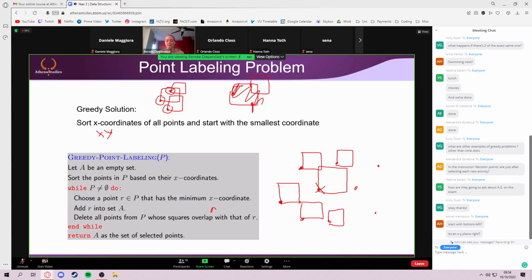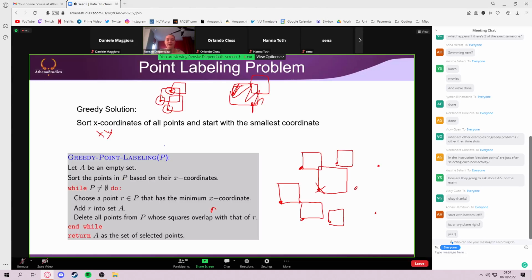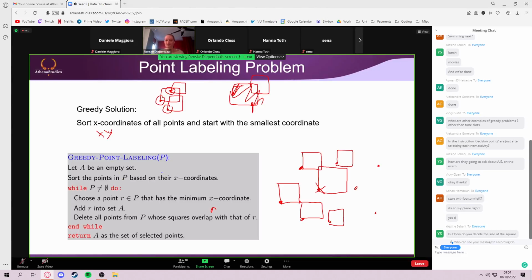But the slides from the lecture use just the x coordinates. It makes more sense to use x and y, right? So I think the slides just started with the x coordinates for some reason.